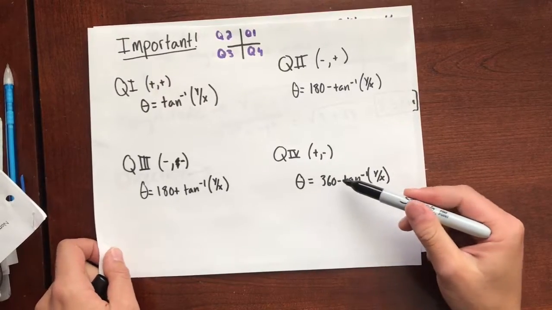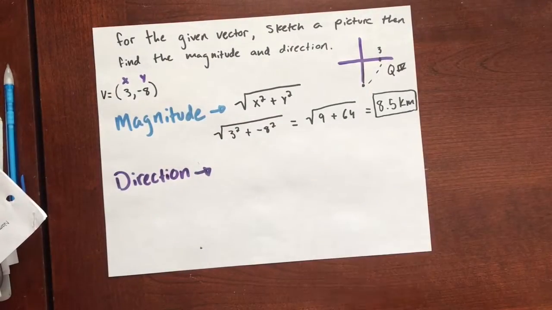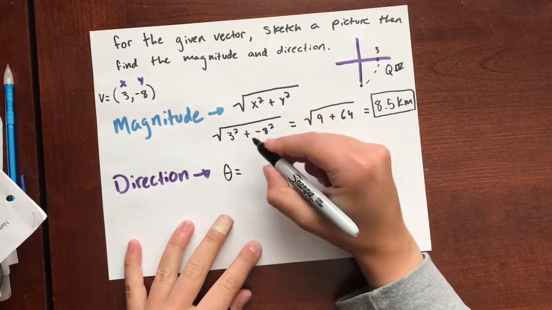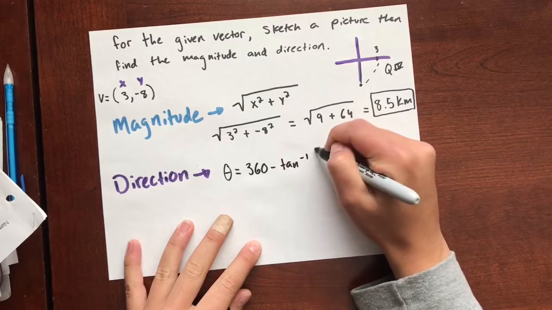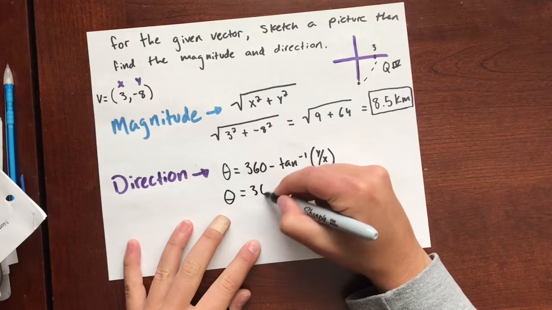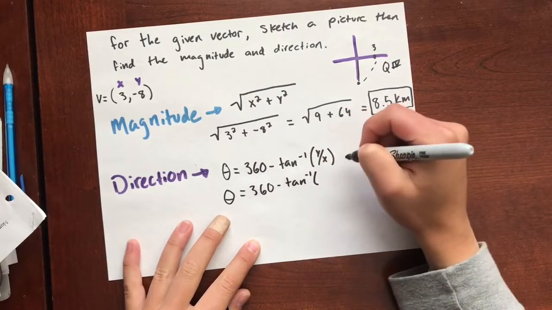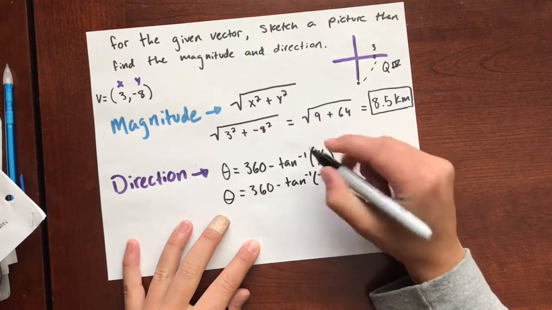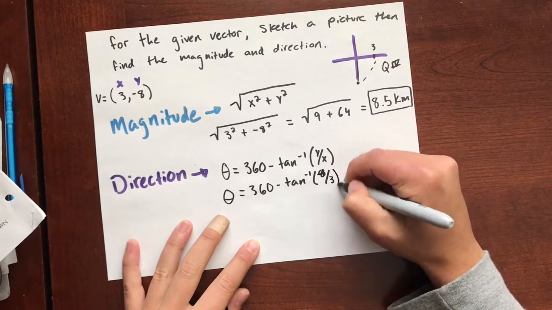And then we can use our equation on this sheet here for quadrant 4. So it's going to be theta equals 360 minus the inverse tangent of y over x. So in our equation, it's going to be theta equals 360 minus tangent -1, and then our y, which is our -8, or just 8 for this equation because we don't need to use the negative sign, and 3.